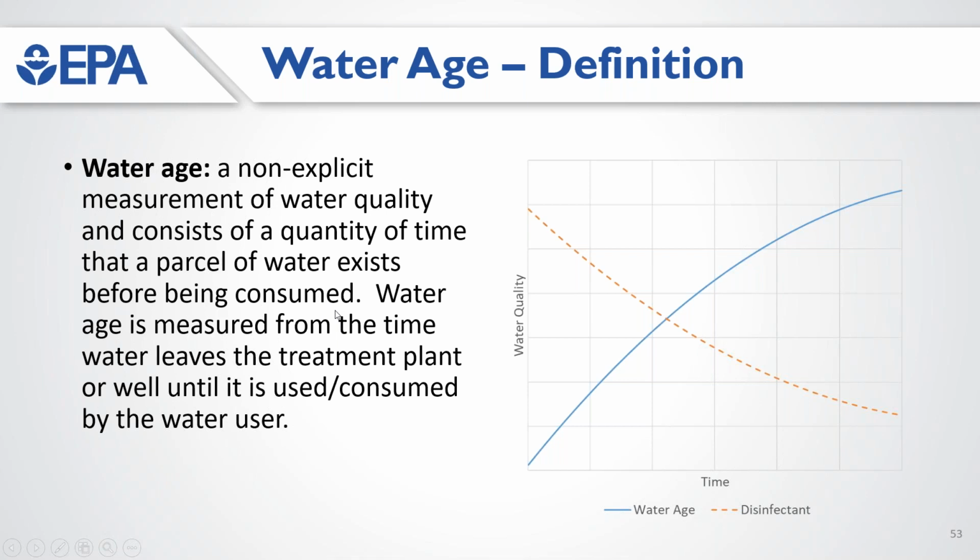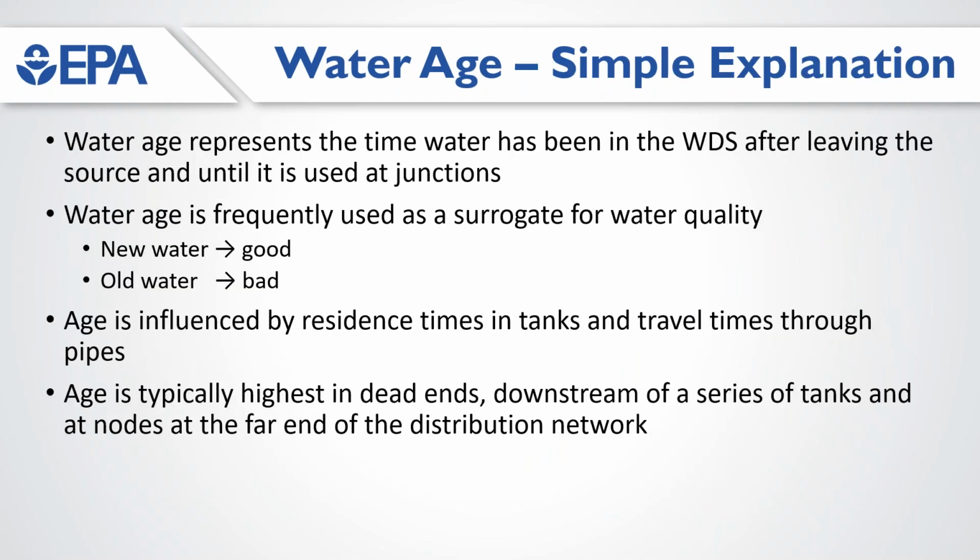And of course, common sense tells me the longer water stays in the system, the worse the water quality is likely to be. So usually, the larger the water age value, the smaller the chlorine residual can be. Water age analysis is always a favorite of mine because if we don't know too much about a chemical reaction, we can use water age as a surrogate.